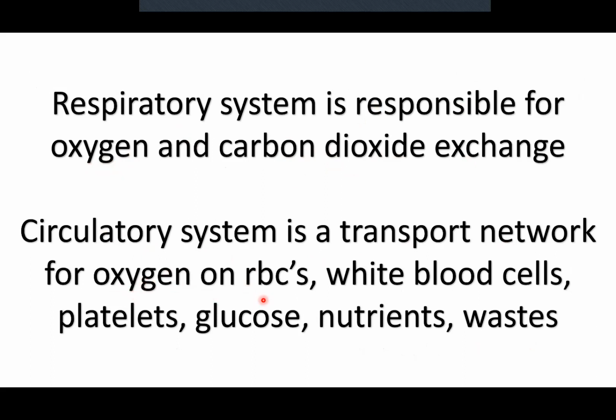And oxygen can be found on red blood cells. In this PowerPoint, I will typically denote it, and it's also denoted in the notes, just RBC for short, white blood cells, platelets for clotting, for wounds, glucose, nutrients, wastes, etc.